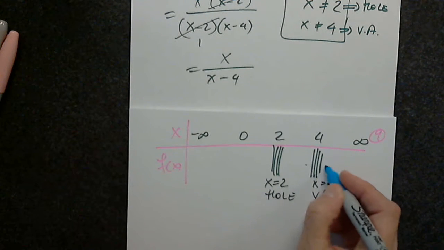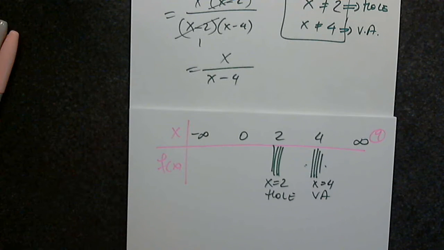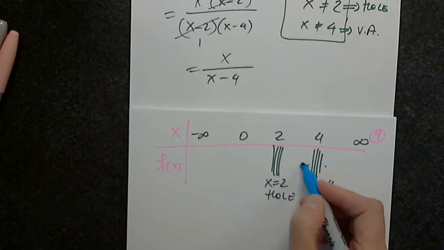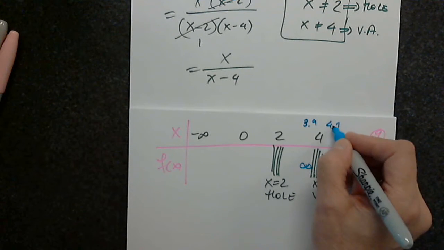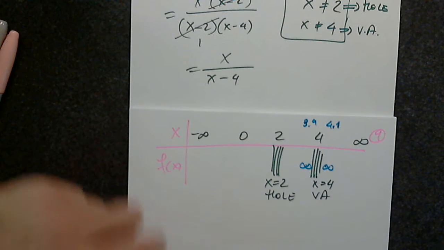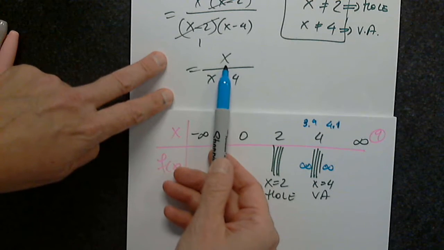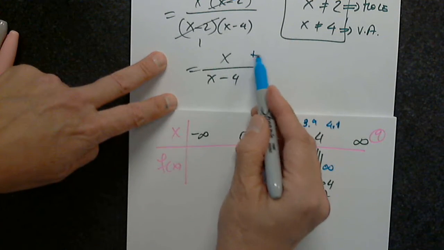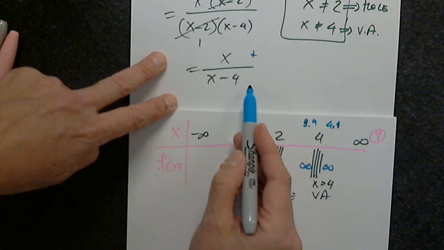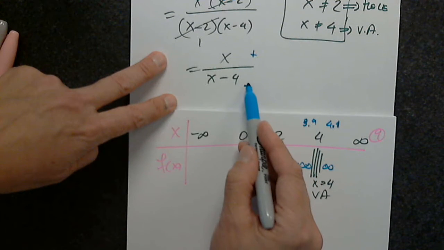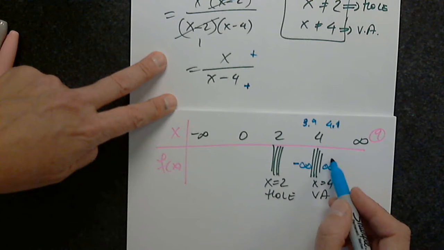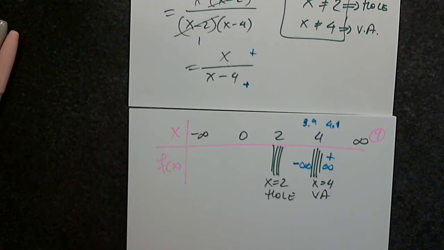What do I know left and right? Infinities. Very good. Let's use 3.9 and 4.1. With 3.9, positive over, good. With 4.1, positive over, good, done.